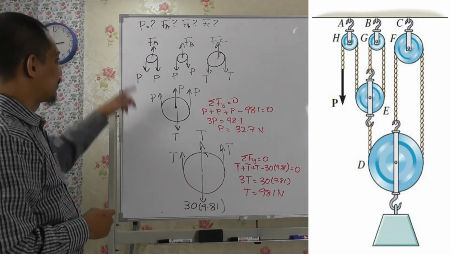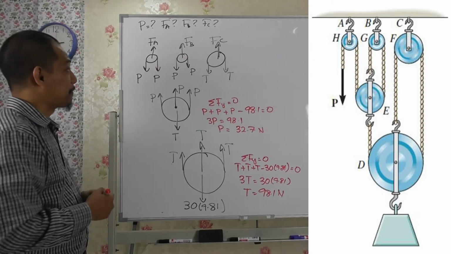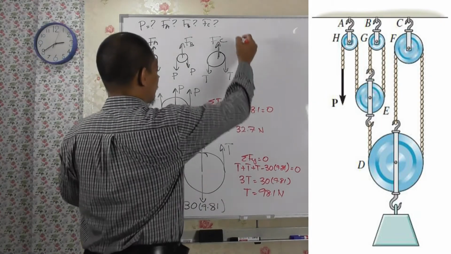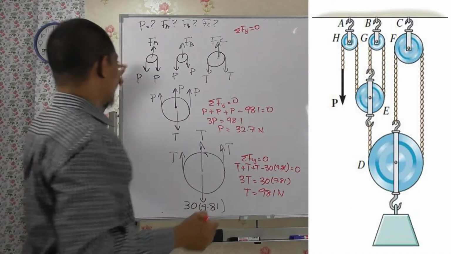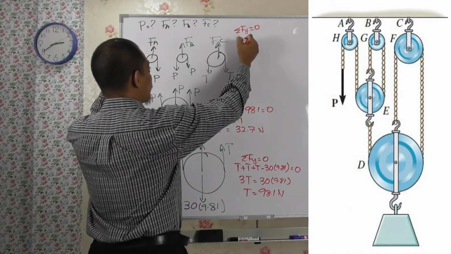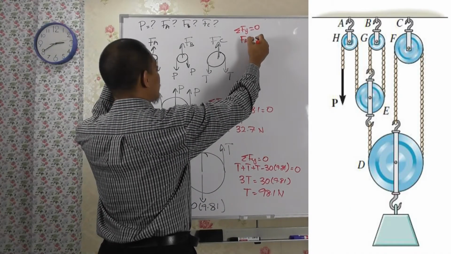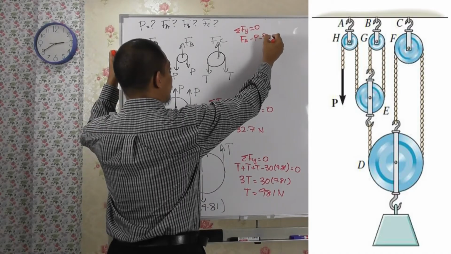Can you calculate for FA, FB and FC? You just take the summation of Fy equal to 0. So for example, for this one, you'll get FA minus P minus P equal to 0, right?